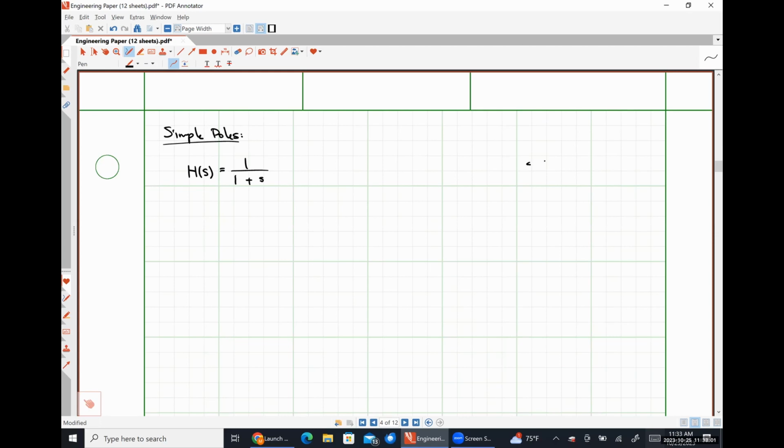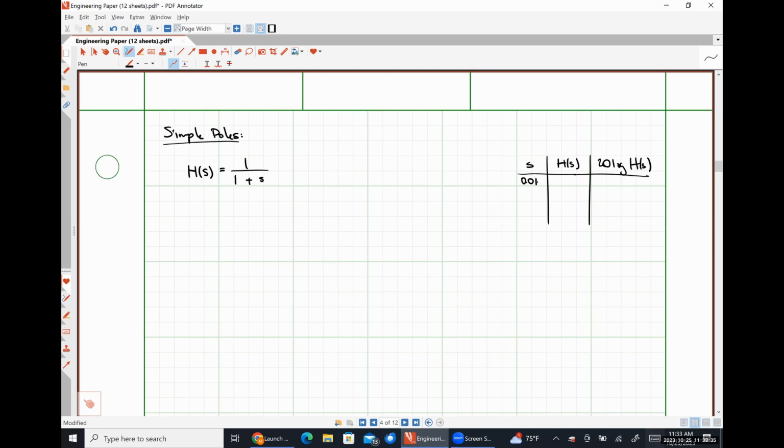I'm going to have s, H of s, and 20 log of H of s. Let's start with s equal to 0.01, 1 over 100.